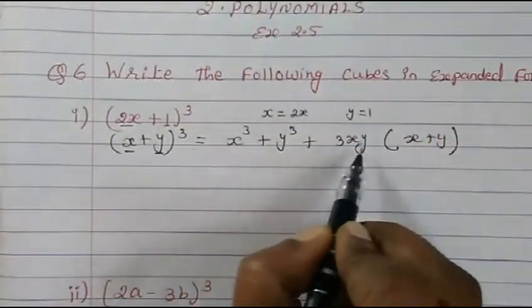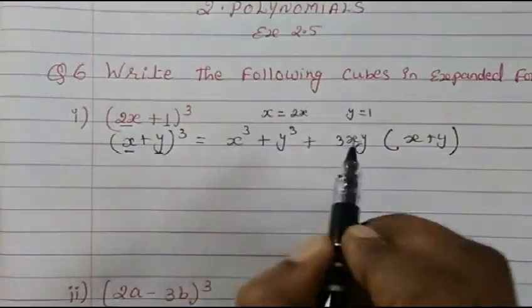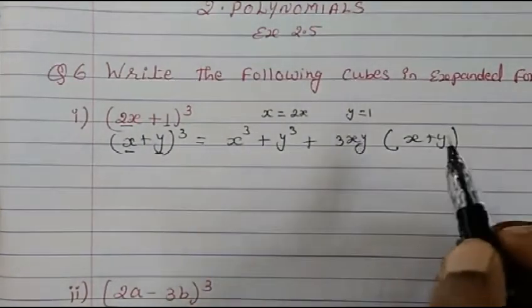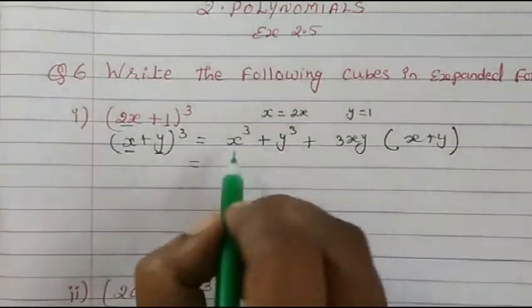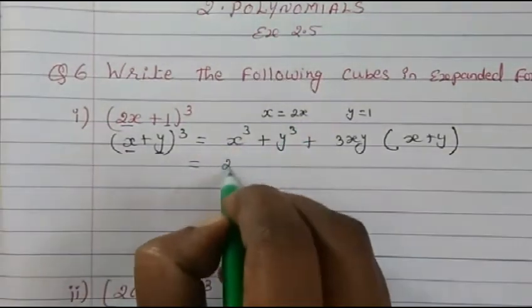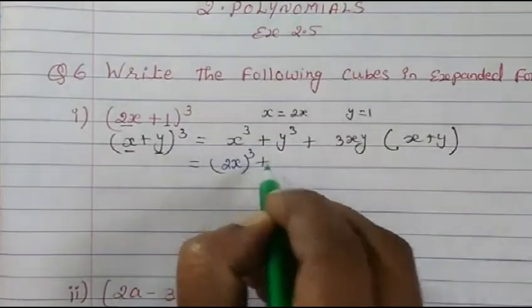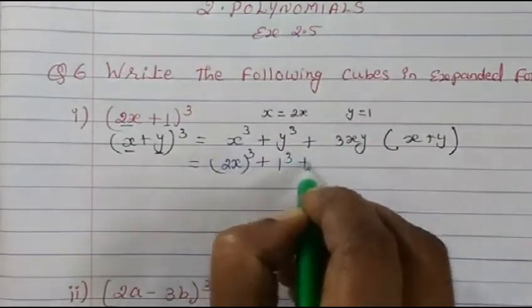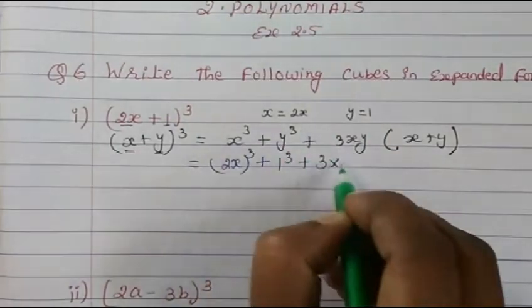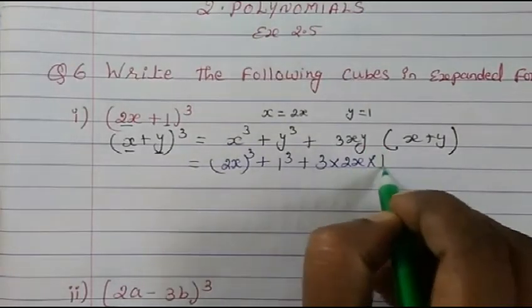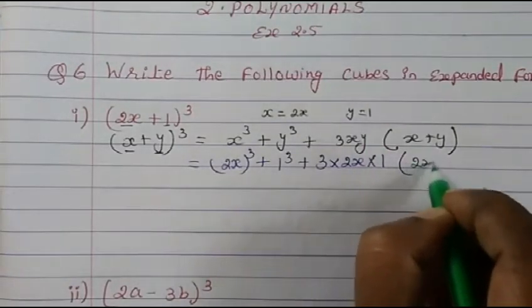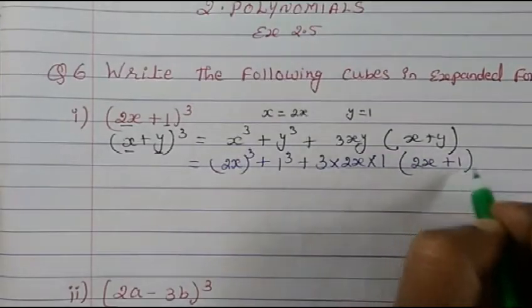So let's write the value and solve the sum quickly. So x means 2x whole cube, y means 1. Then 3 into x is 2x and y means 1. So then in bracket x is 2x plus y is 1.